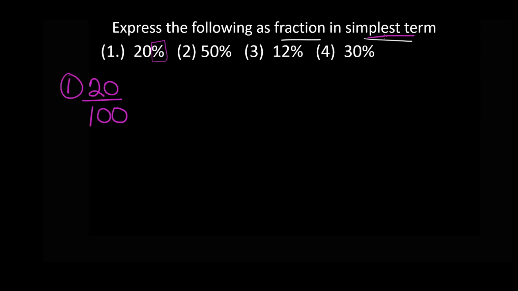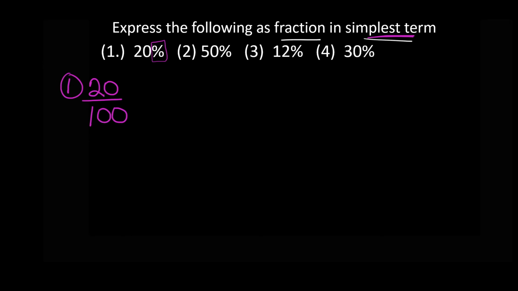Okay, so now you have been able to express this as a fraction, but the question goes further by saying in its simplest term. And in one of our videos also, check the link below, we explained simplification of fractions. So we need to simplify this. You need to look for common terms that can divide this number.